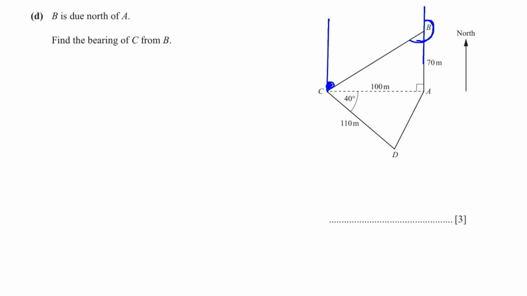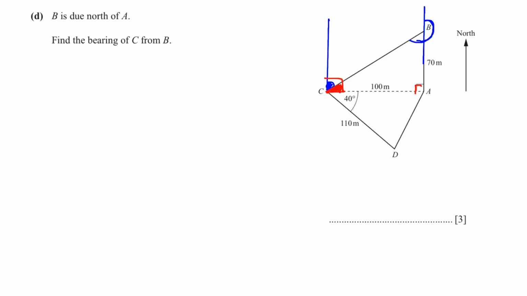But we don't have any information to find that angle. What we do know is that this is 90 degrees because it's a straight line, and this is 90 degrees, so even this will be 90 degrees. If I find this angle here, I can subtract from 90 this angle to get the angle in blue over here. How do I find this?